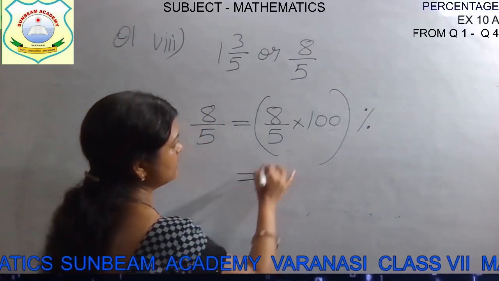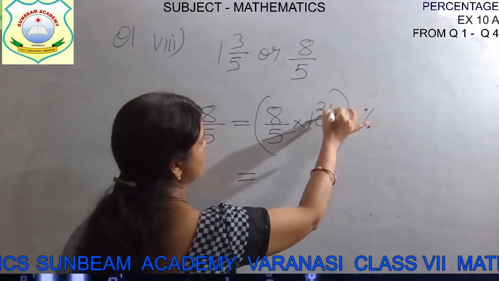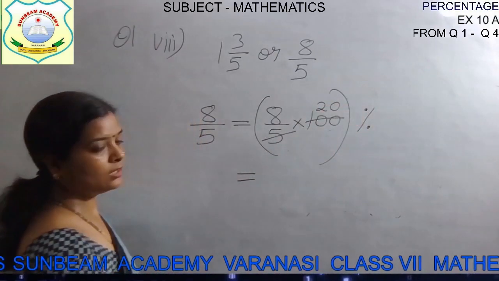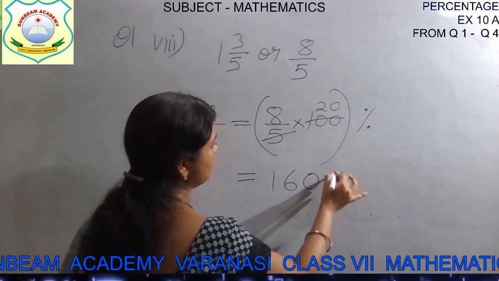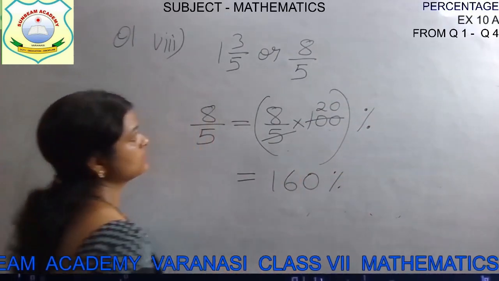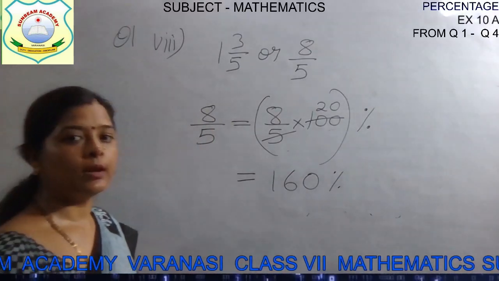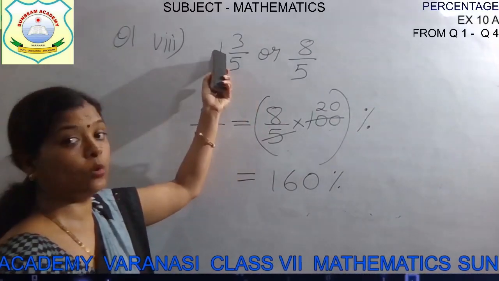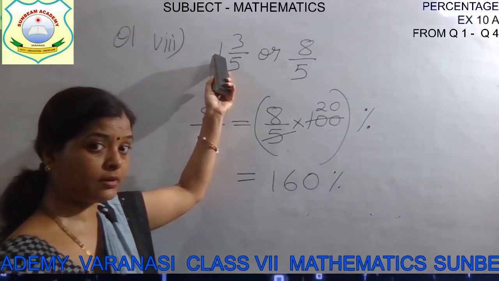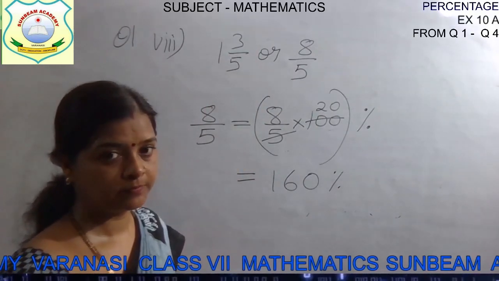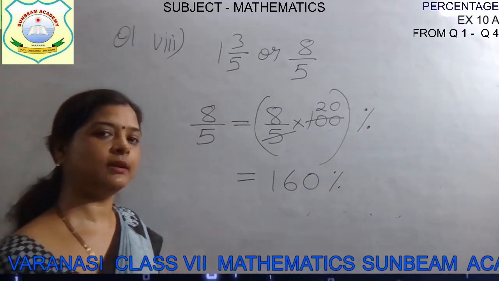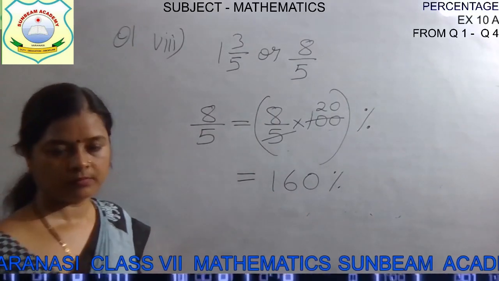Now next step is 5 2s are 10 and 0. 8 2s are 16 and 0. 160 percent, children. This is how much? This is 160. Can you see this? One whole means 100 percent already, and 3 by 5 is 60%. That's why it is 160 percent.